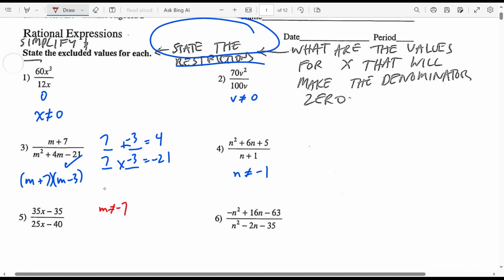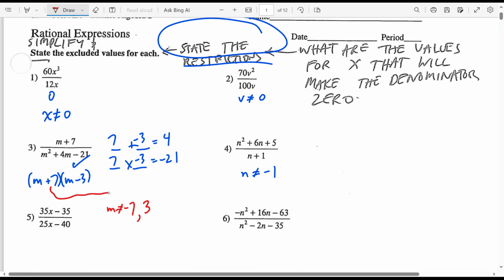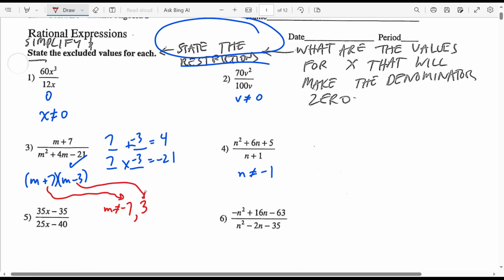All right. Now think about m minus 3. Positive 3. So the two restrictions for this are -7 and positive 3.